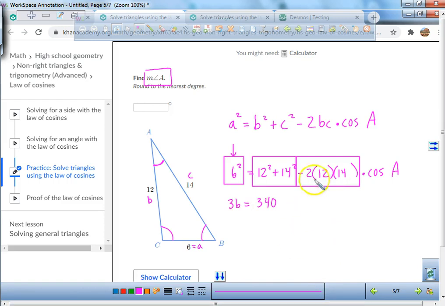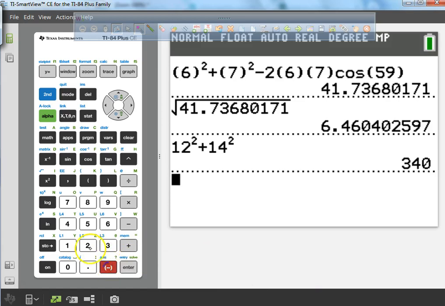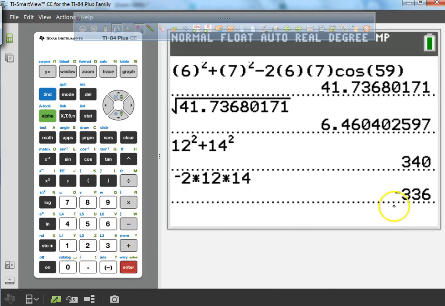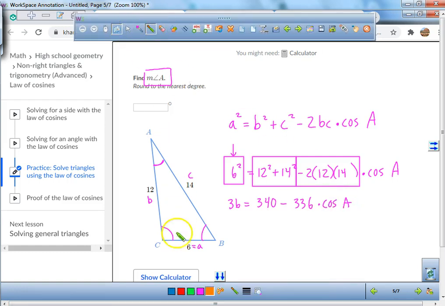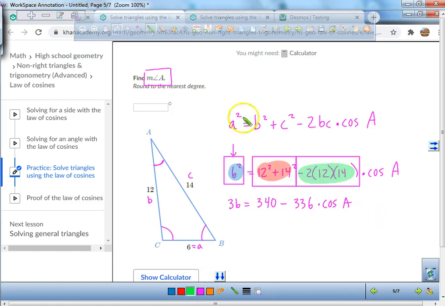And then do negative 2 times 12 times 14, which is negative 336, minus 336 times the cosine of A. You have to do this separate from this, which is separate from this. That's what makes this one harder.